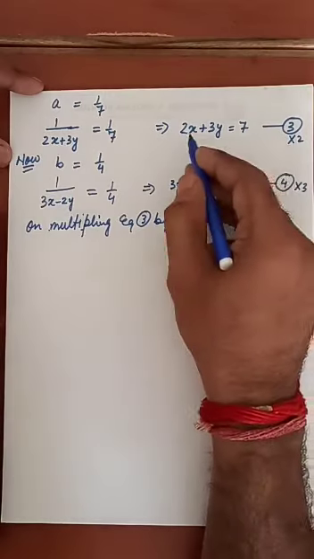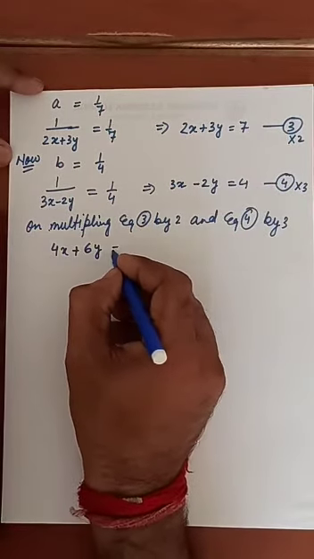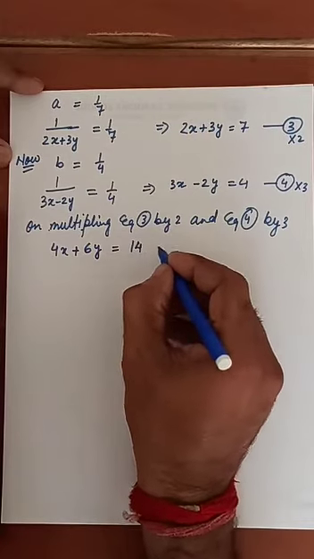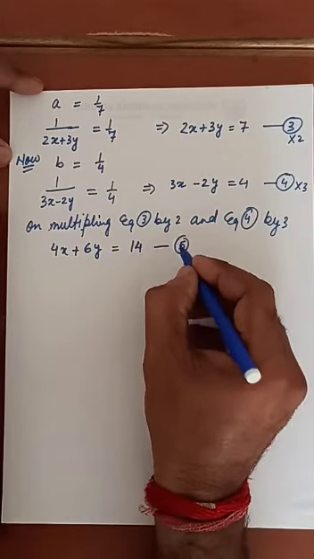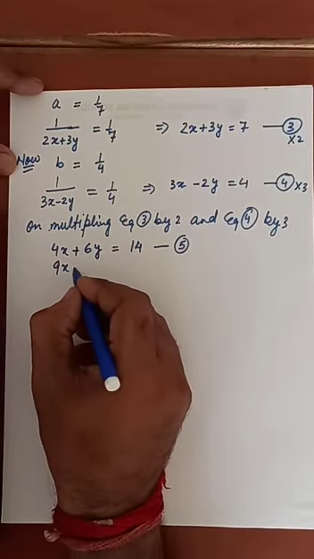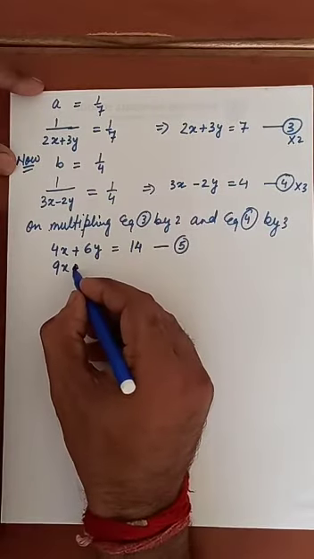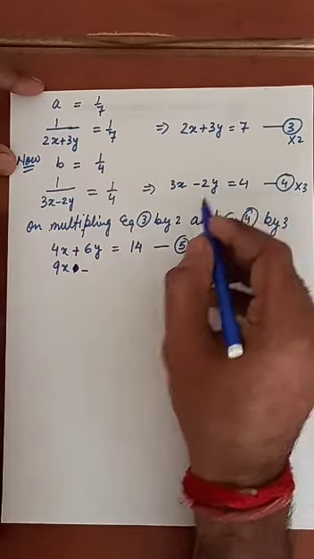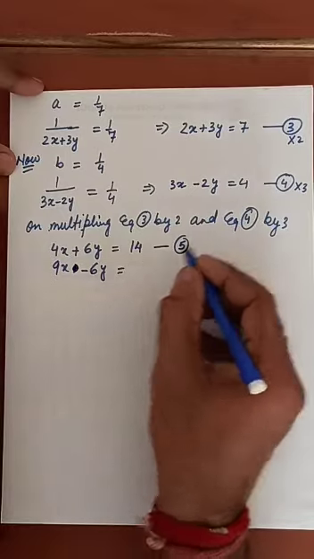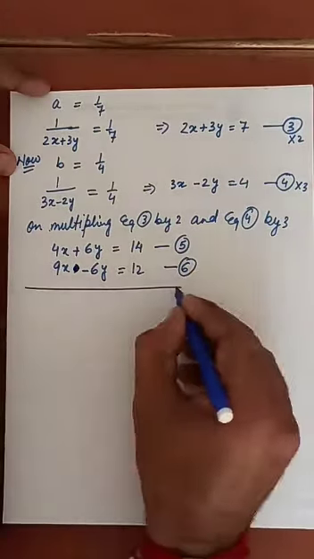When you multiply by 2, it will be 4x plus 6y is equals to 14, equation number 5. 3 can be multiplied, 3 times 3 is 9x, it is a minus sign, 3 times 2 is 6y, 3 times 4 is 12, equation number 6.